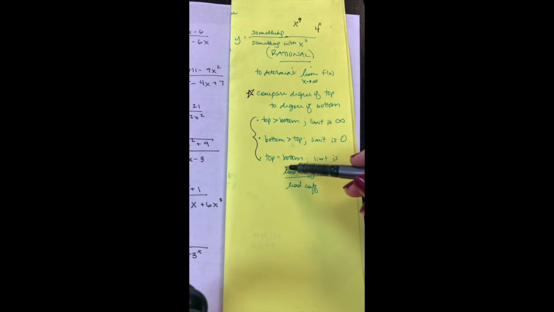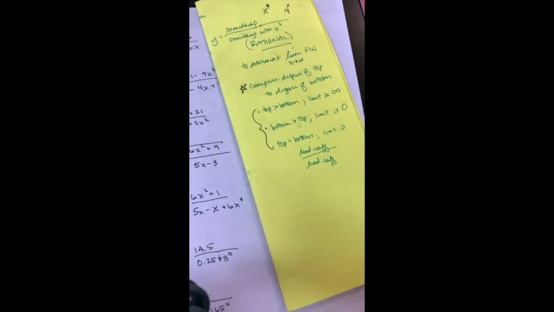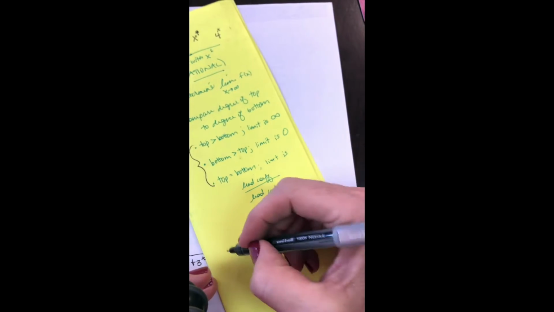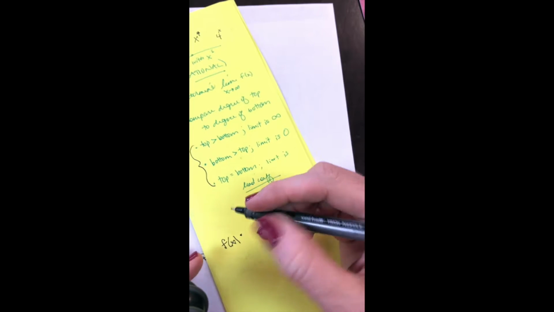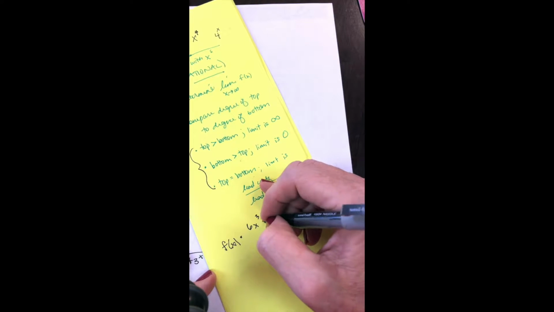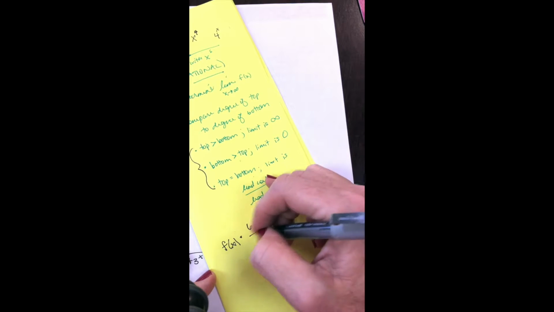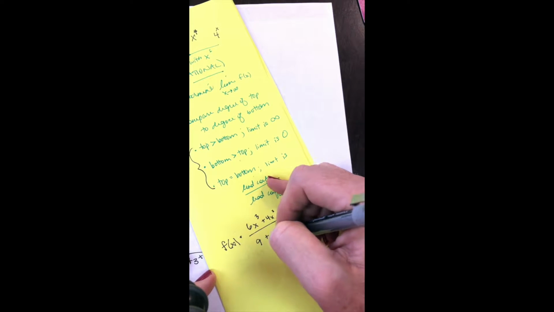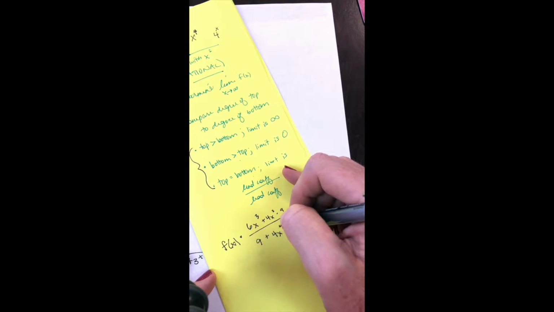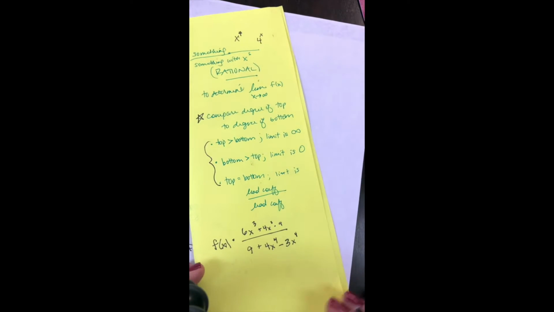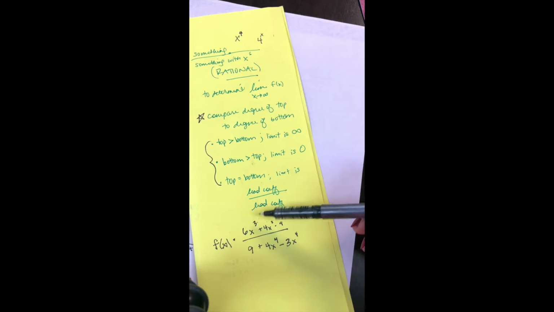And if the degree of the top is equal to the degree of the bottom, then the limit is what we call the ratio of the leading coefficients. What does that mean? More vocab again. If I have this equation, the degree of the numerator is the biggest exponent, so it's 3.